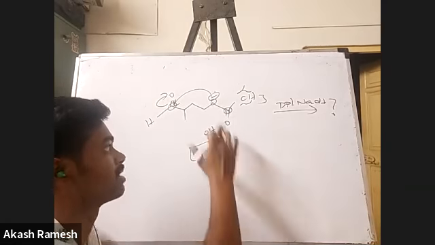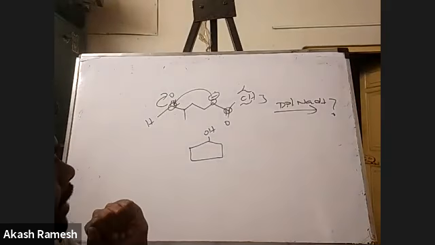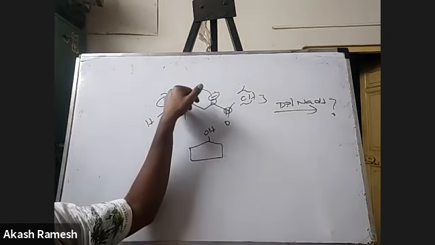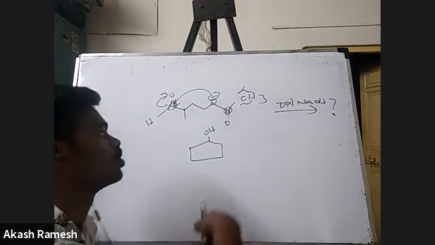I'm sorry, this is outside the ring, isn't it? Right. So what I can say is the carbon having the OH, the next carbon is having this group.